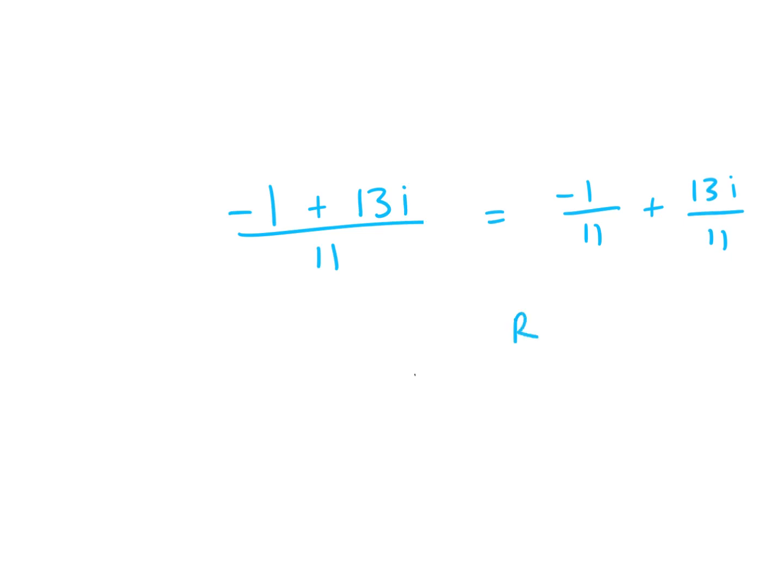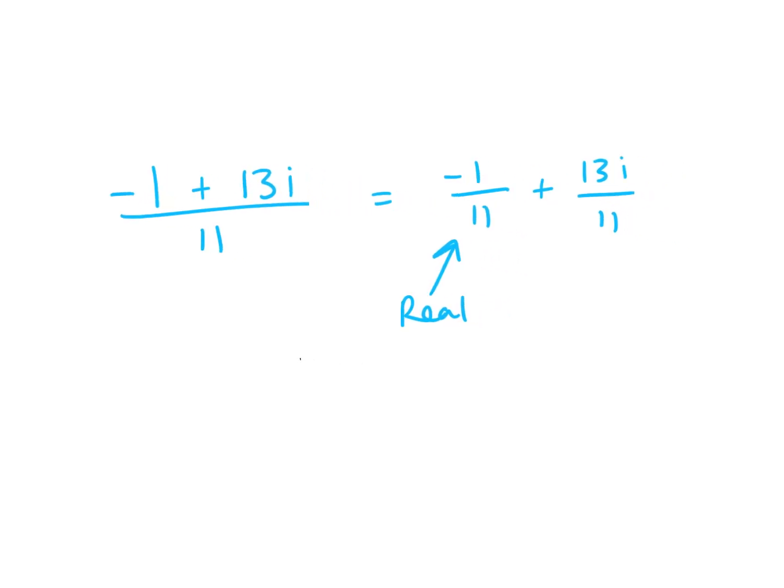So our real part would be negative 1 over 11. What's our imaginary part? 13 over 11. On WebAssign, it just wants the number, so it'd just be 13 over 11. So this would be the imaginary part. I think this was kind of the question that people were most confused about yesterday.